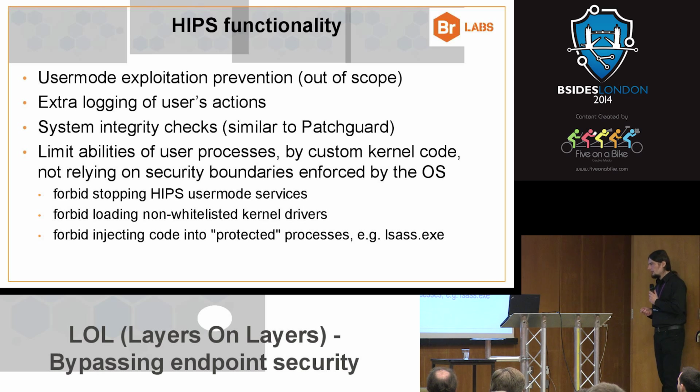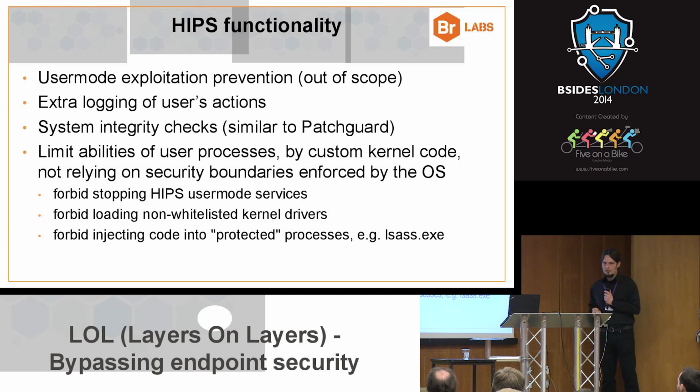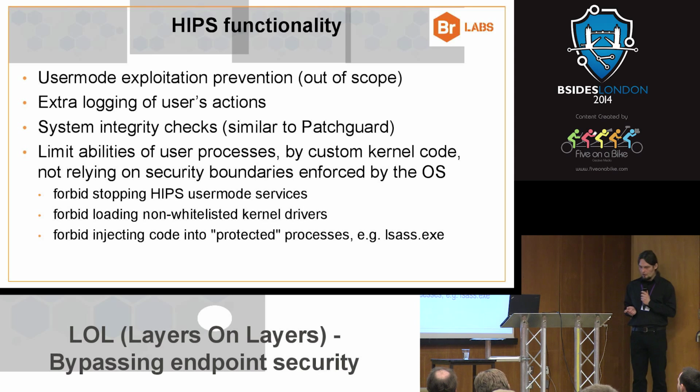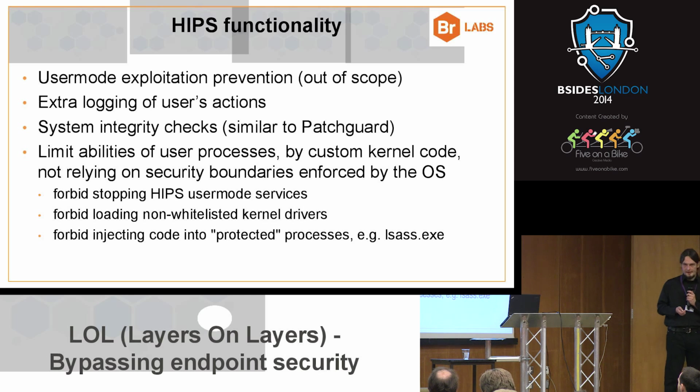It should prevent loading non-whitelisted kernel drivers. So it should, again, disallow entering unknown kernel drivers into the system. Also, it should forbid messing with some protected systems. Certain processes are valuable, like LSASS, which holds the cached credentials for every user.